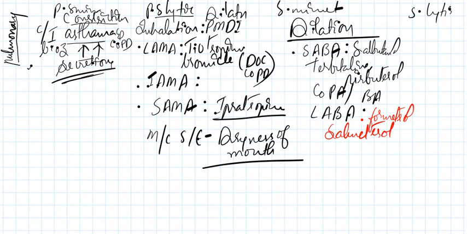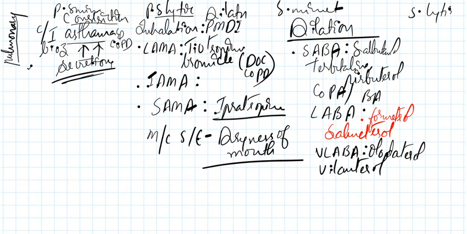Now if you ask me, very long acting beta agonists, that is olodaterol, then vilanterol, and there is one more drug, that is carmoterol. Okay. Carmoterol. Yes, you got my point.